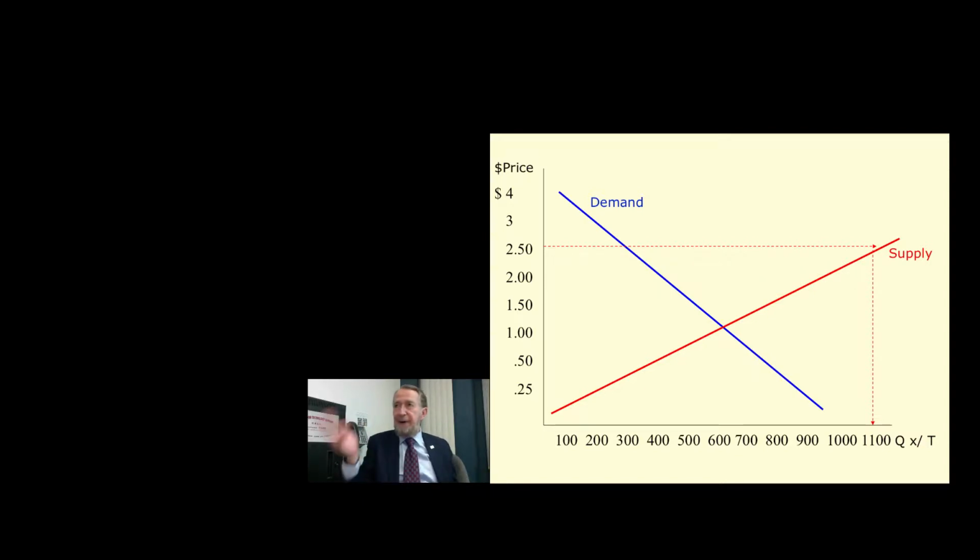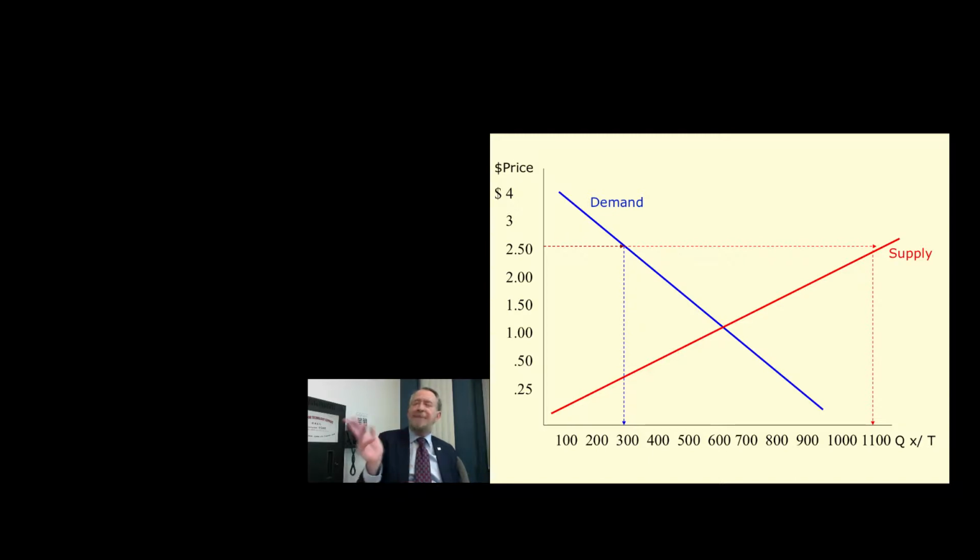If the price is above equilibrium, above X marks the spot, then you have unsatisfied sellers because there is a surplus of the goods. Buyers are only willing to buy 300. You guys brought 1,100 to market. And so there's stuff left over in the sellers. And because we're assuming competition between the sellers, price is going to get bid down.